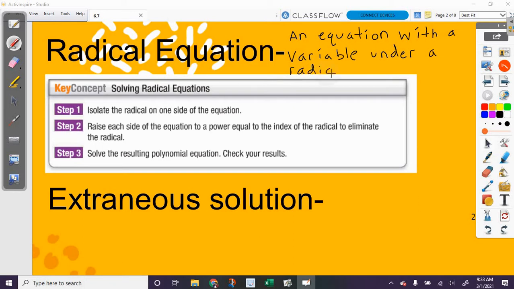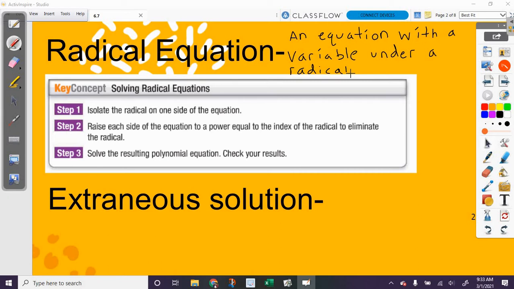So it's not just that it includes a radical, because I could have an equation that has the square root of 2 in it, and that doesn't necessarily make it a radical equation. I would have to have something with the square root of x or the square root of a. That will make it a radical equation.